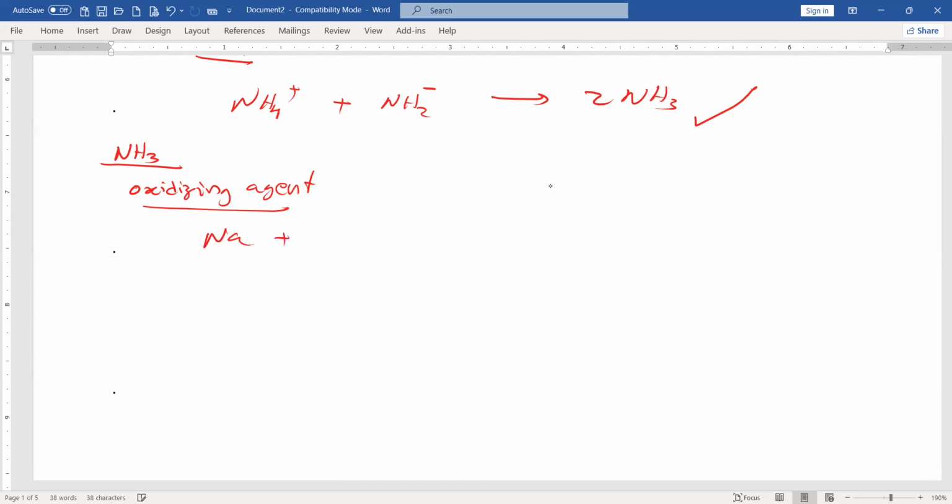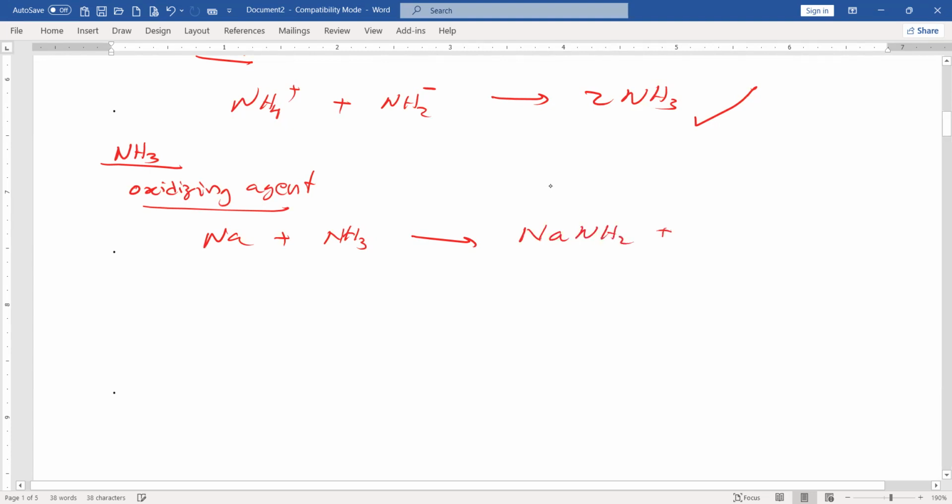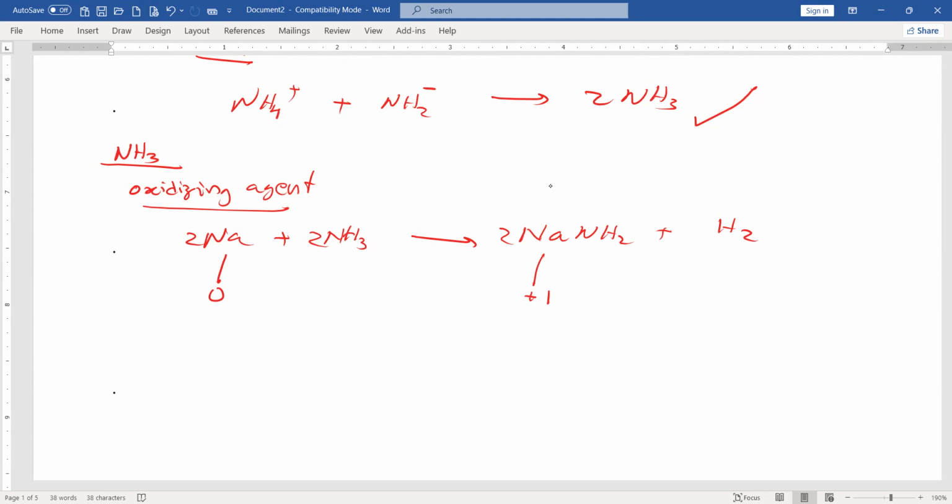If you take sodium reacting with ammonia, giving sodamide, NaNH2 plus H2. In this case, sodium in zero oxidation state has been oxidized to +1 by this ammonia. If you balance this, you will get this. So ammonia can oxidize something else.